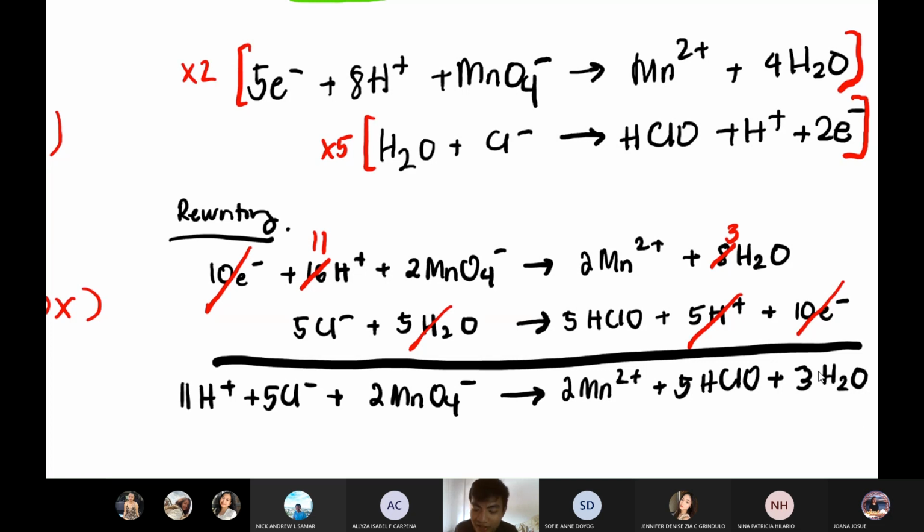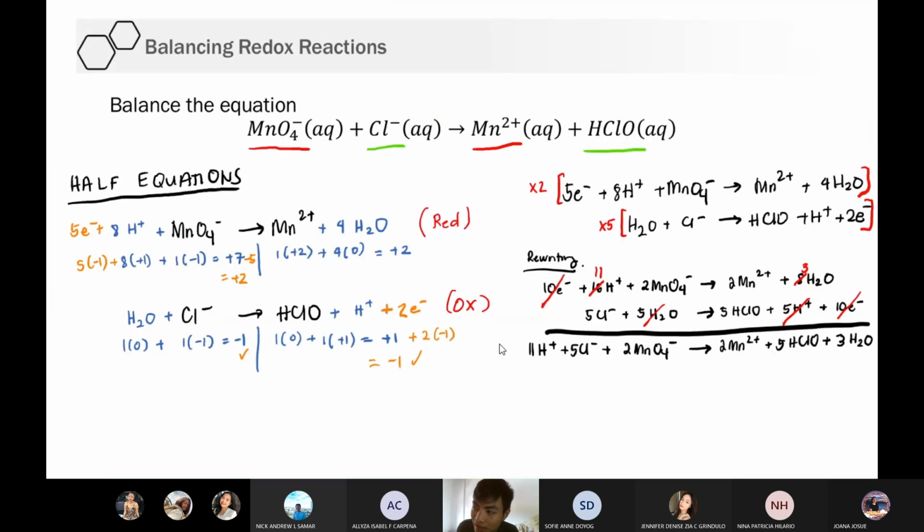Daming nangyari, no? So imagine yun, we started from this, naging ganito. Okay? Pasensya na maliit, mahaba kasi yung equations natin eh. You may want to take a screenshot, kasi hindi pa ako tapos.